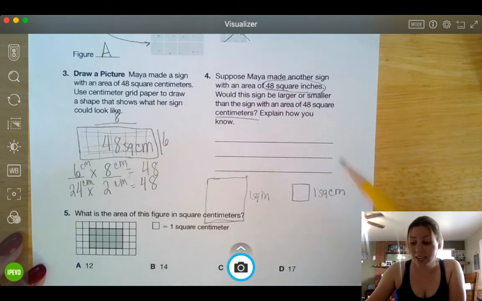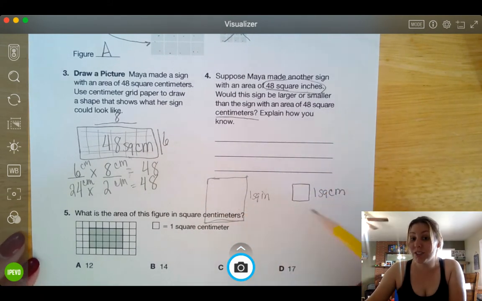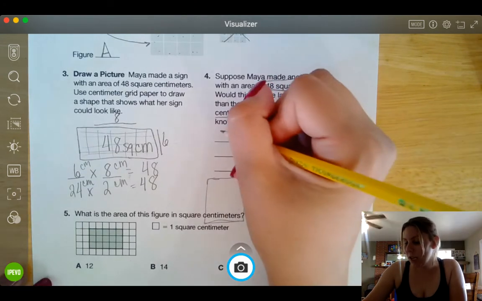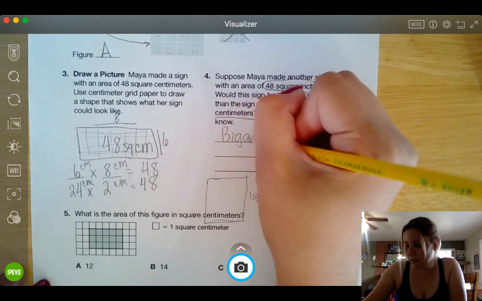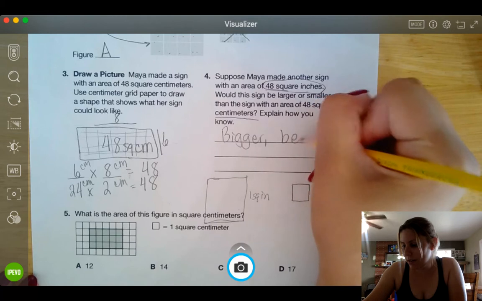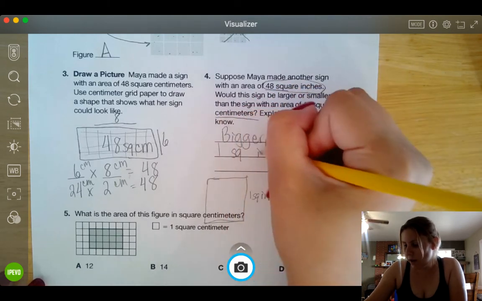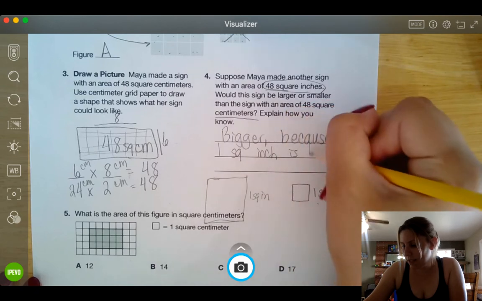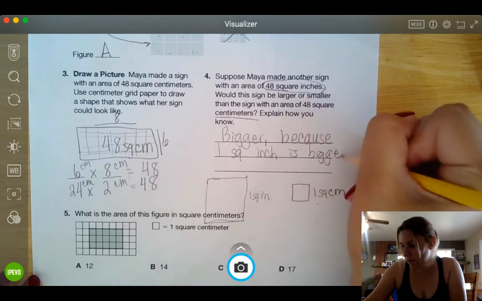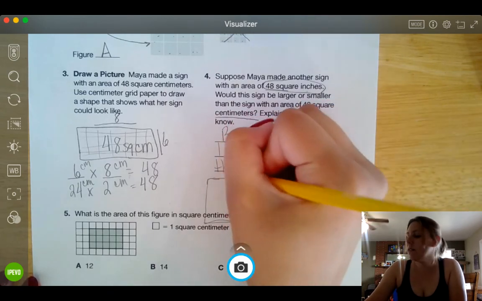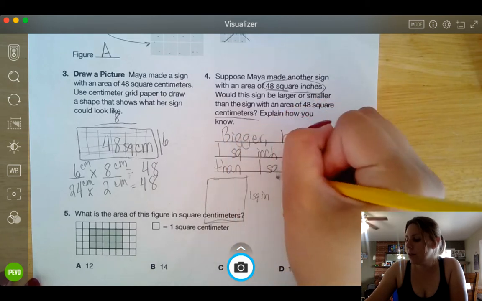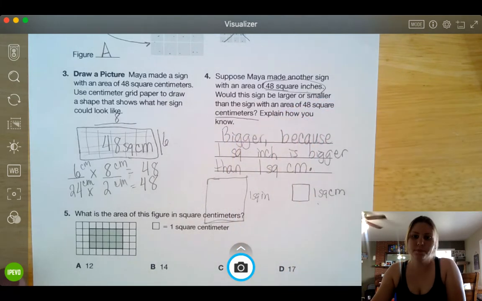It would be bigger because a square inch is bigger than a square centimeter. And done.